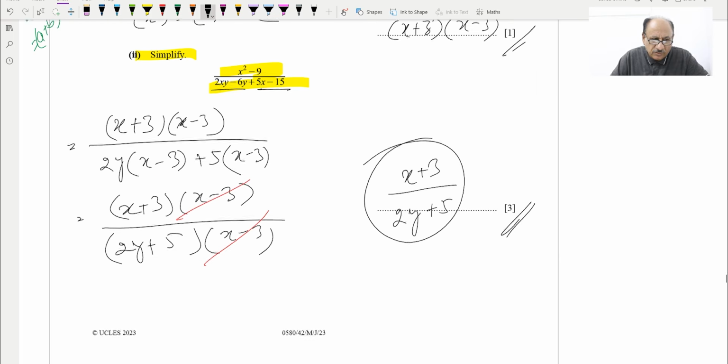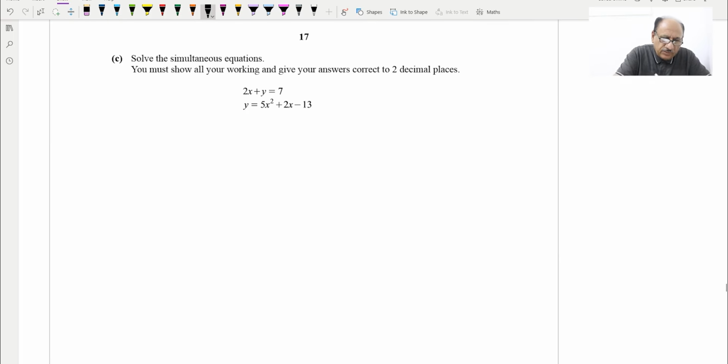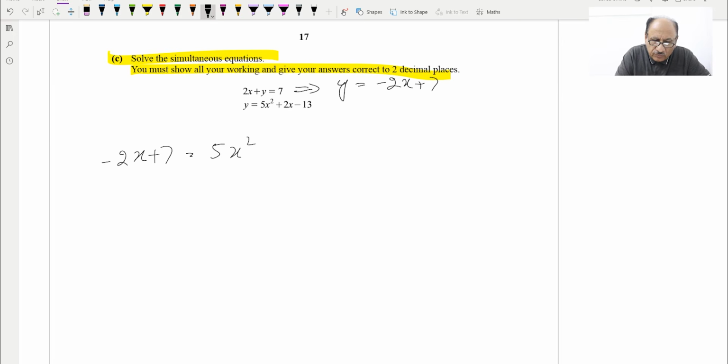Hopefully you understand this. Now for C part, simultaneous equation, one is linear, the other one is quadratic. So we can say this equation 1 simply implies y is equal to minus 2x plus 7. Now we can equalize the equations, and we can write minus 2x plus 7 is equal to 5x square plus 2x minus 13.